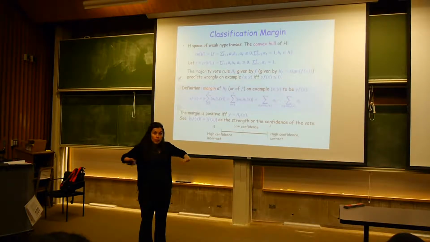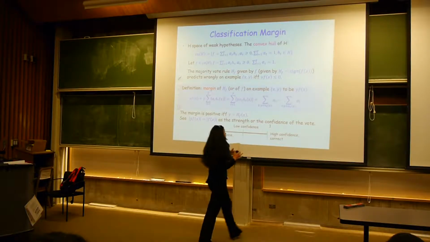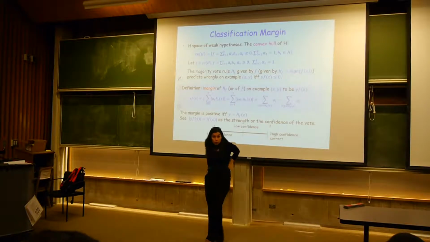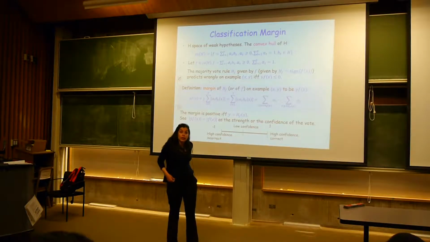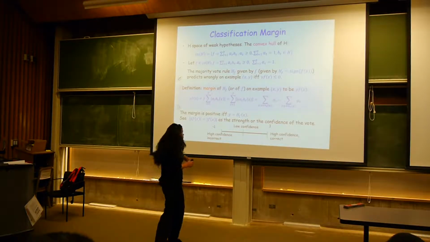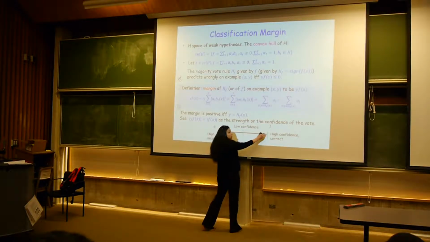So after I renormalize the weights to sum up to 1, the margin is the amount of weight I have on the weak learners that agree with the true label minus the amount of weight I have on the weak learners that disagree with the true label. And after this normalization, you can argue the margin is between -1 and 1.